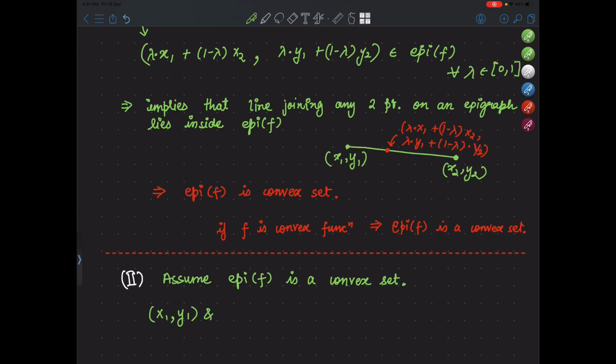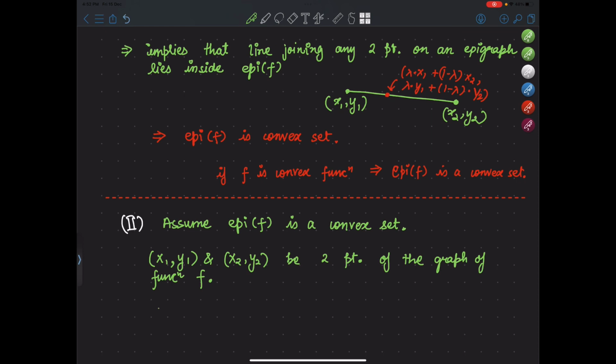Let (x1, y1) and (x2, y2) be 2 points on the graph of function f(x). So let these 2 points be a part of the function f(x), which actually means that y1 equals f(x1) and y2 equals f(x2).